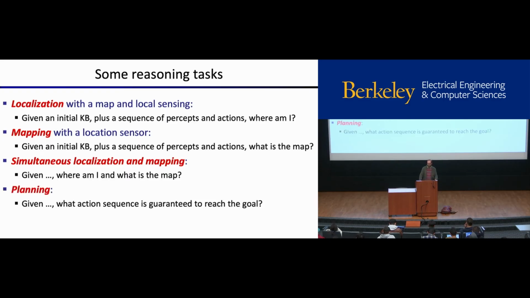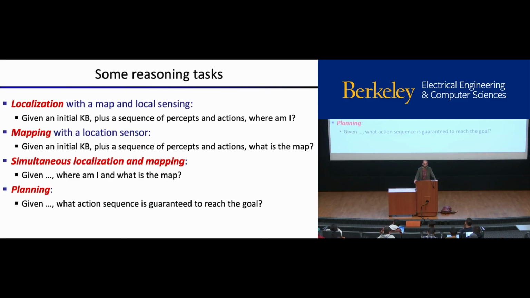And maybe most generally, most interestingly, we can do planning. Given the initial knowledge base, a sequence of perceptions and actions, what action sequence is guaranteed to reach a goal? So we can assert, in the Pacworld so far, there wasn't any mention of food or anything. So let's say the goal was just to get to the top right corner, or we have a more elaborate Pacworld.